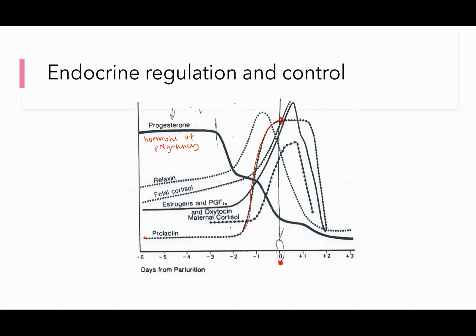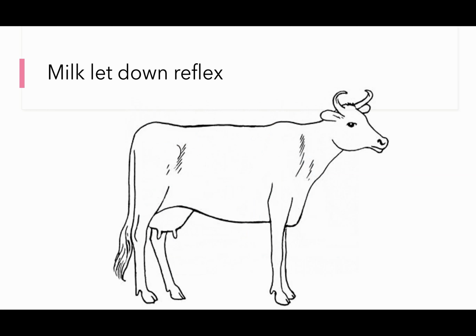And also, just before parturition, you'll see oxytocin rising quite dramatically as well. Oxytocin is a major hormone involved in this process that we refer to as the milk letdown reflex.